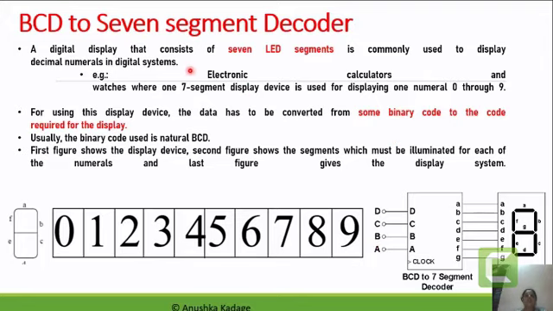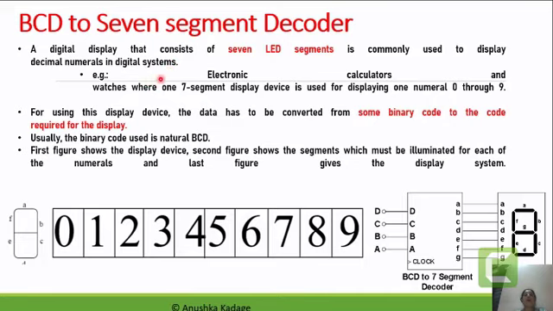Generally, this BCD to 7 segment decoder is used in digital displays, which consist of 7 segment LEDs used to display decimal numerals in digital systems.